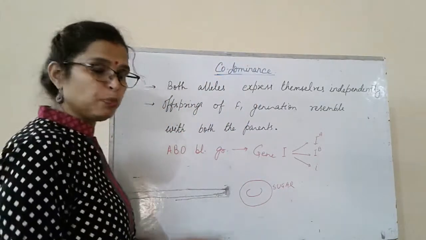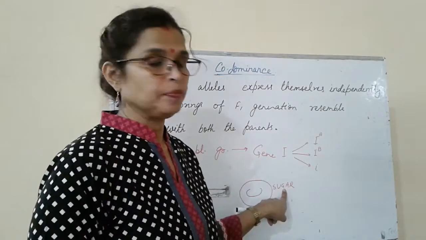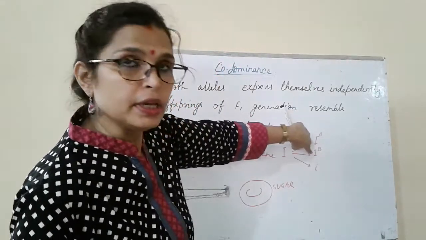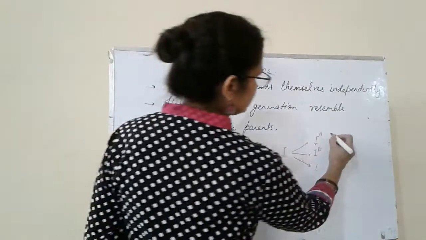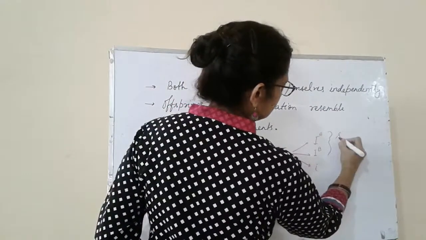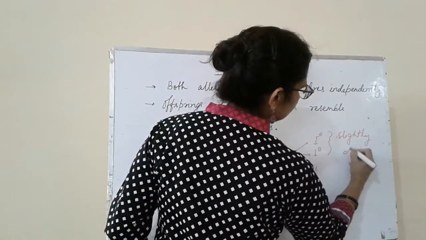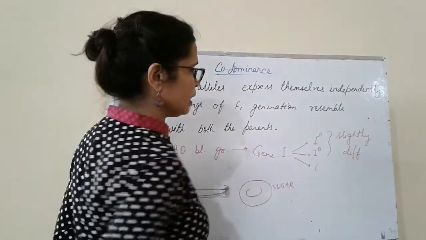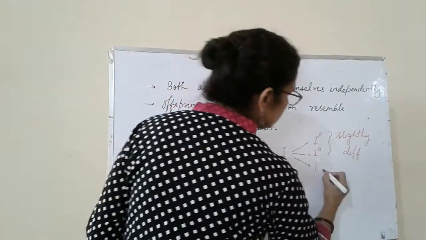and these sugar polymers are controlled by the gene. So in alleles IA and IB, the sugar polymers are slightly different, and in small i, no sugar polymers.